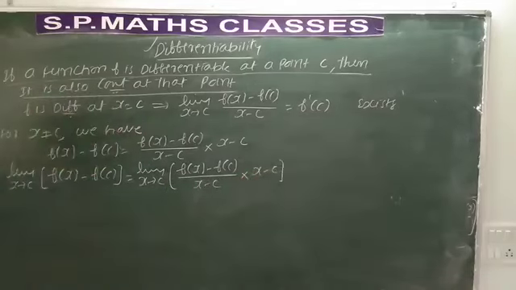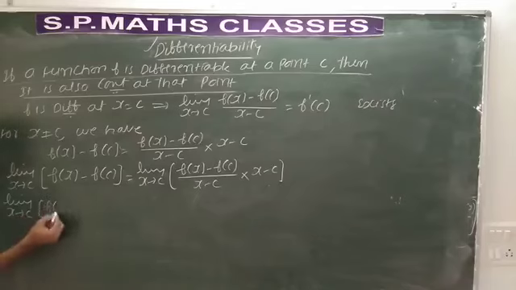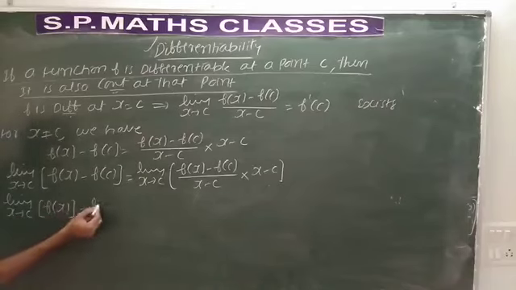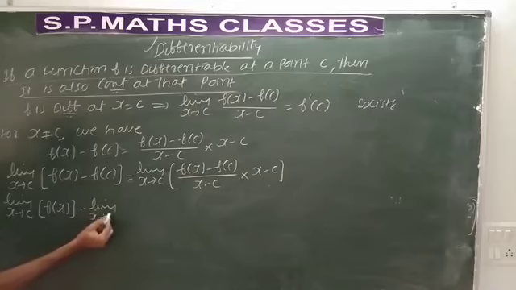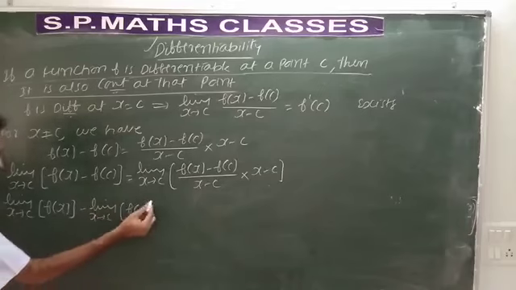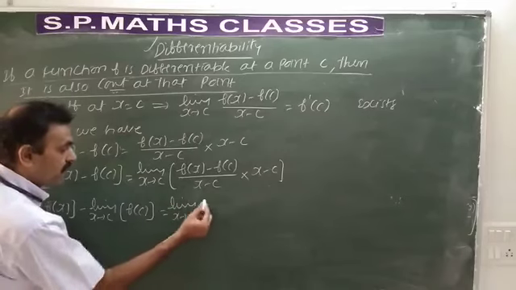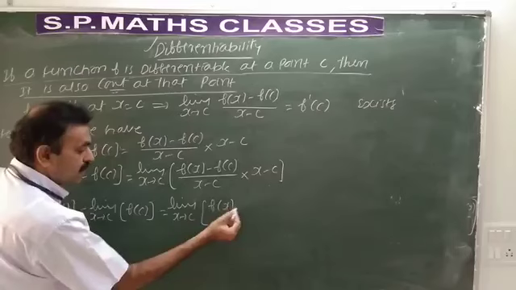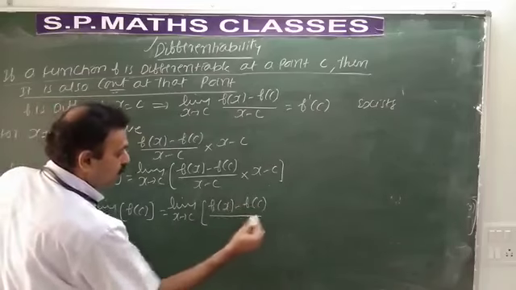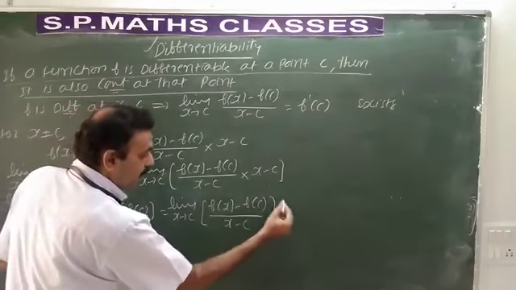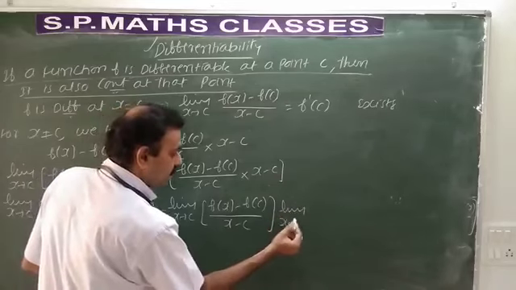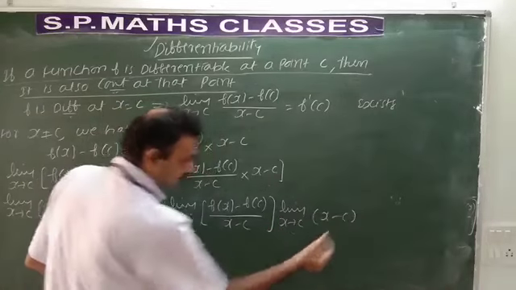Now apply the limits: the limit as x tends to c of f of x minus the limit as x tends to c of f of c is equal to the limit as x tends to c of f of x minus f of c divided by x minus c, times the limit as x tends to c of x minus c.